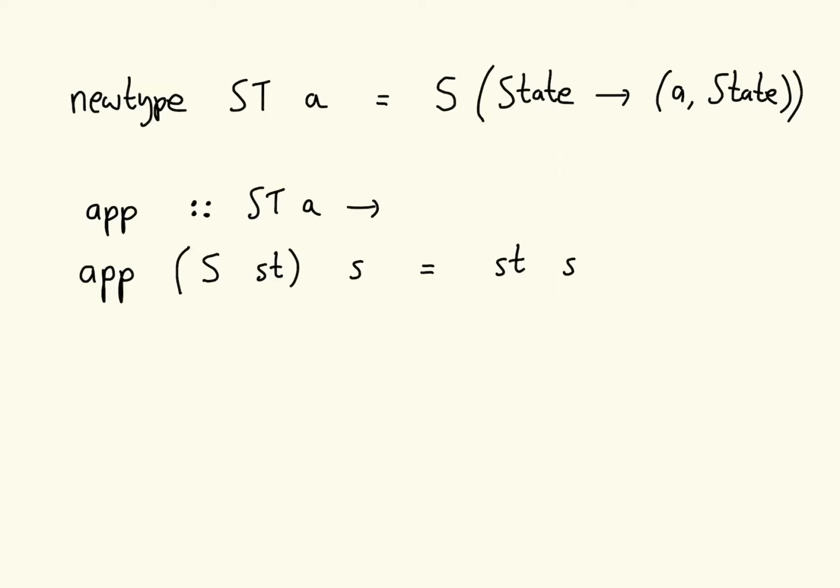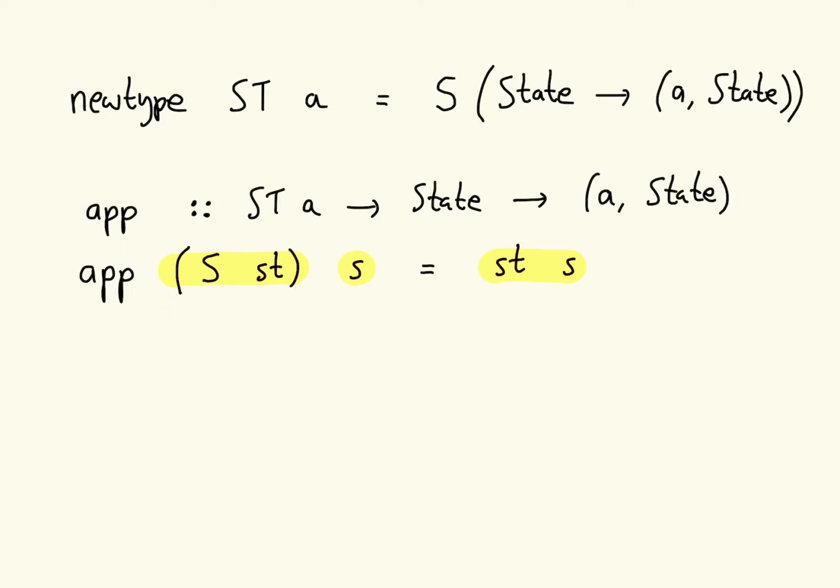Then it's going to take a state, that's the S, and it's going to apply one to the other, and you're going to get back the result value of type A and the possibly modified state. Okay, so again, the basic idea is very simple here. We're applying a state transformer to a state, and we just apply the underlying function to the state, and we get exactly what we expect.